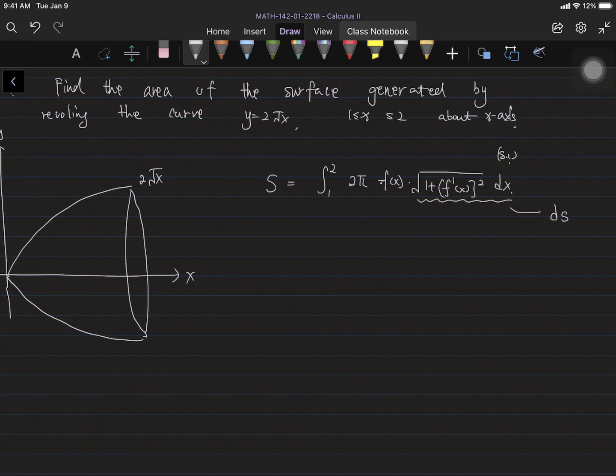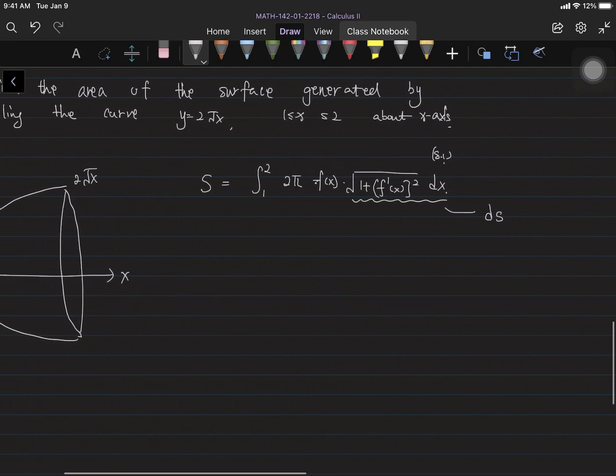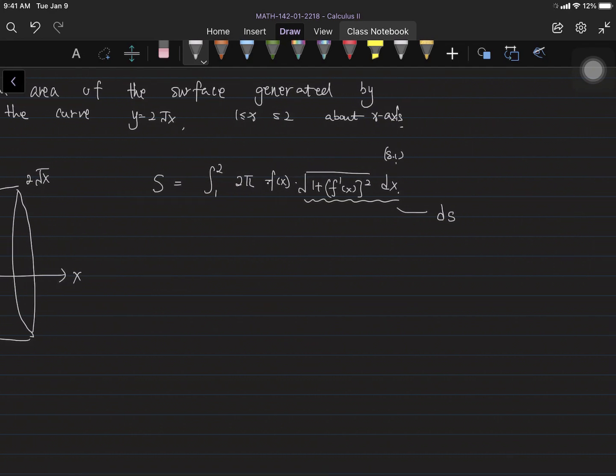Before we plug in, we calculate the derivative of the function. The derivative of 2 root x: 2 is constant, the derivative of square root x is 1 over 2 root x. The 2s cancel, so this is 1 over square root x. That's the derivative of the function.